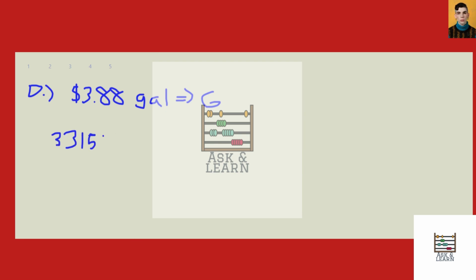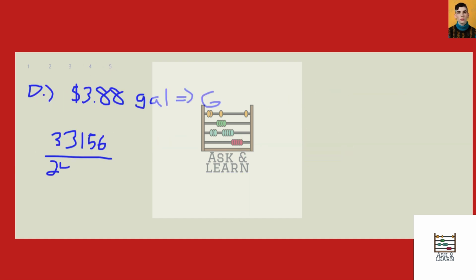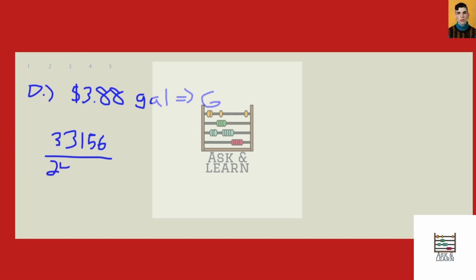So we can think about it this way. Similarly to how we had the ratio of energy output per gallon, that's going to be equal to the ratio of the price per gallon, because our prices are fixed to our energy.